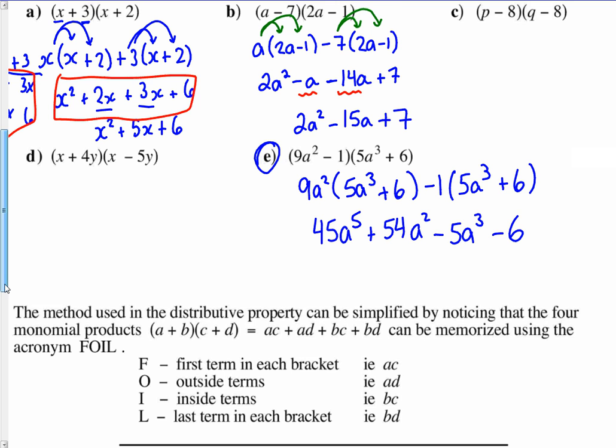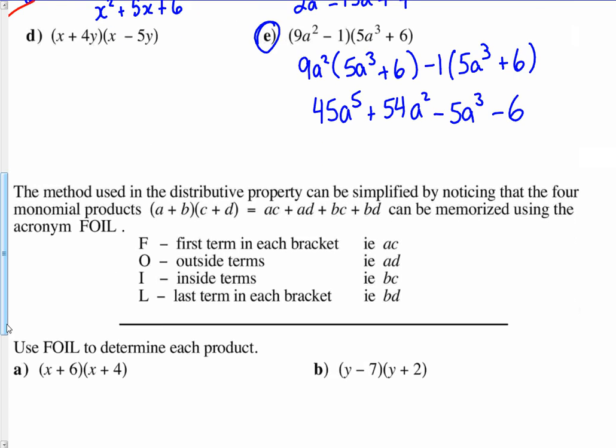No. Okay, so what is FOIL? FOIL is basically one less step than the distributive law. So what are we doing when we do the distributive law? Remember the grid, A, B, C, D. It gives us AC, CB, AD, and BD, if we use the grid.